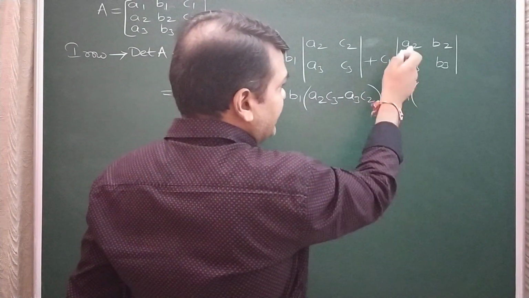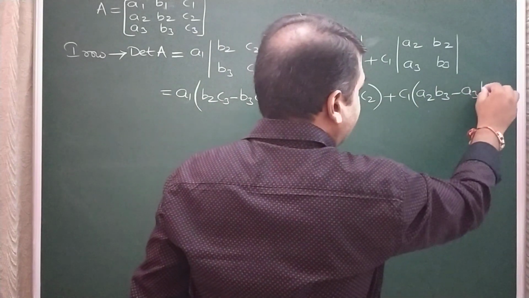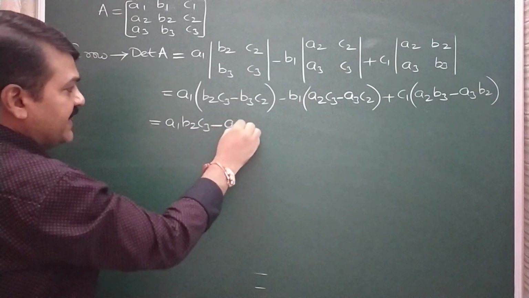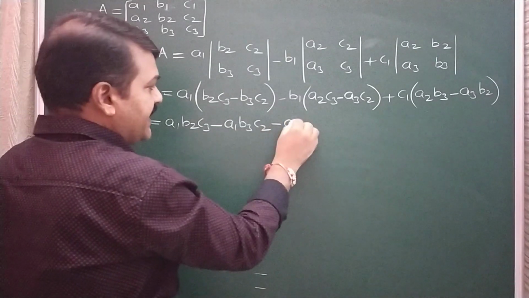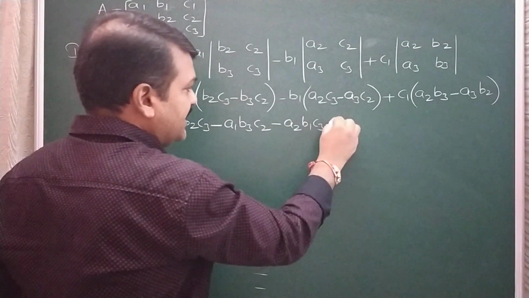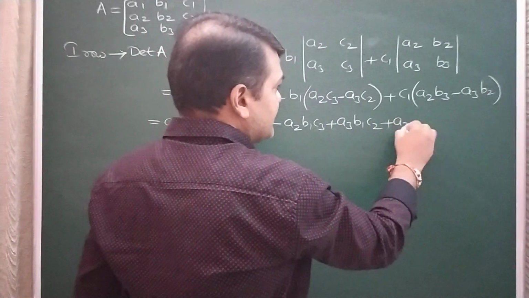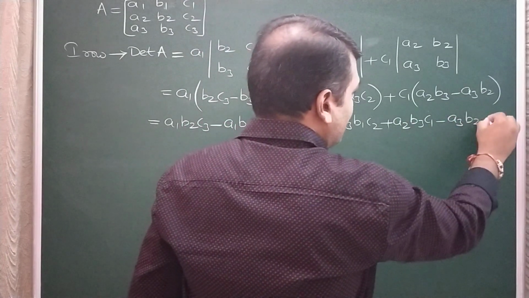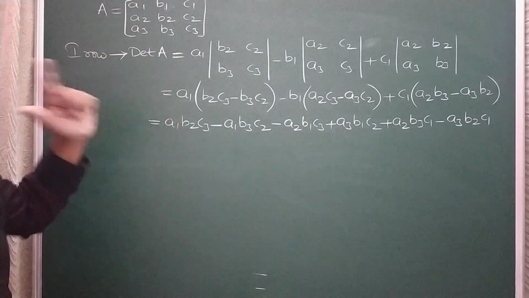Next, plus C1 into the determinant, which is A2 B3 minus A3 B2. Simplifying in order: A1 B2 C3 minus A1 B3 C2 minus A2 B1 C3 plus A3 B1 C2 plus A2 B3 C1 minus A3 B2 C1. This is the value of the determinant of this square matrix.